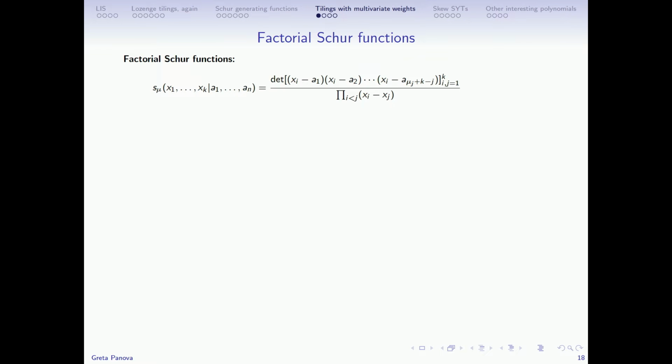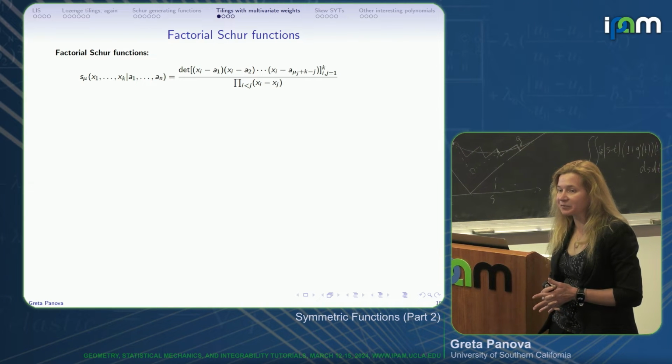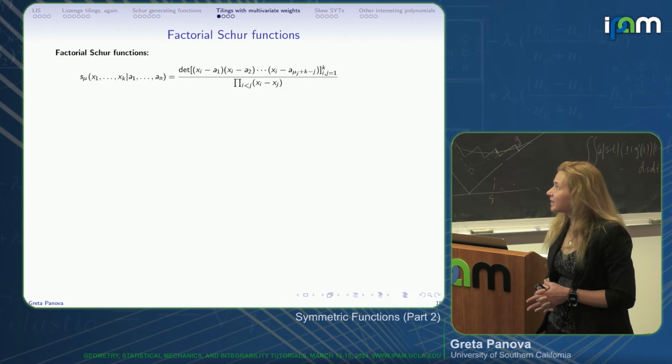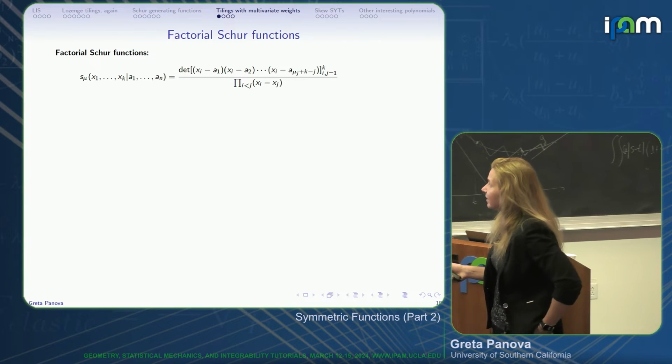So I'll move on to another application. I promised generalizations of this symmetric function. So let's look at something different. These are the factorial Schur functions.